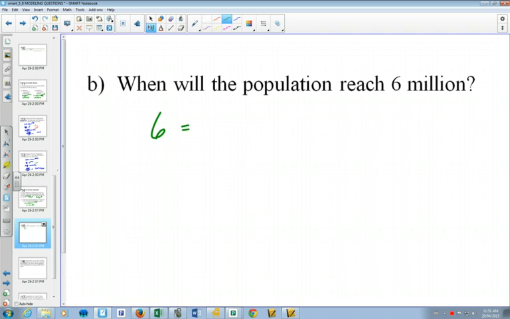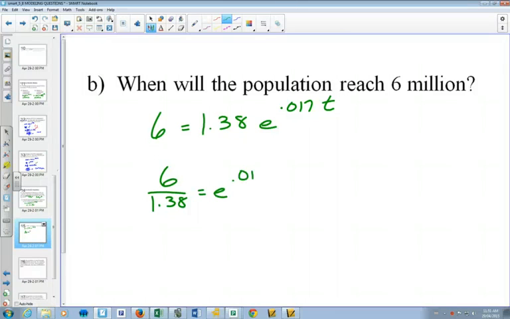So 6 million, I'm going to put everything in millions here. So instead of writing all those zeros, I'm going to go 6, and instead of writing 1,380,000, I'll go 1.38. The rate, if it doesn't change, stays the same, and we're solving for time. So if I divide both sides by the 1.38, and now we can take the natural log of both sides.